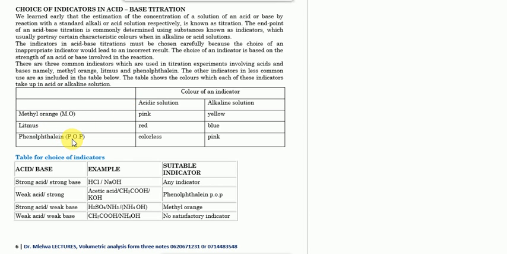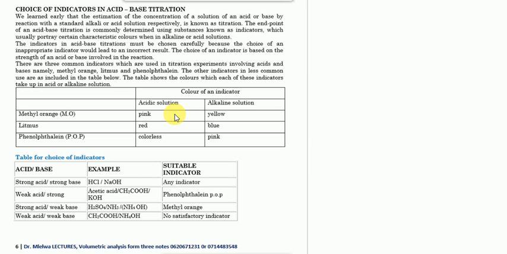And this litmus is sometimes even in paper, litmus paper. Now you need to know, one among the very important things to know in these indicators is their color, the color of the indicator in acid, in alkaline and in the neutral solution.